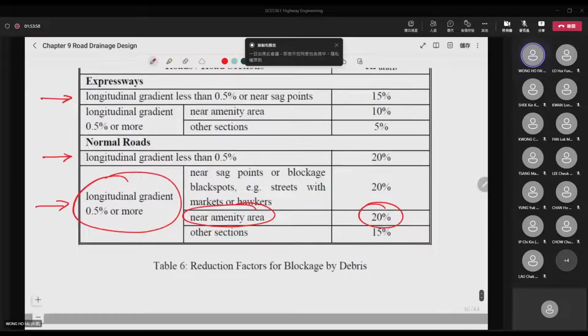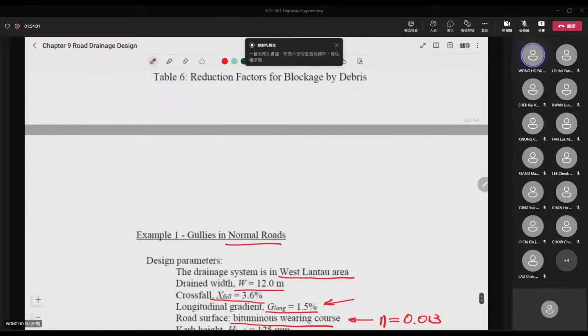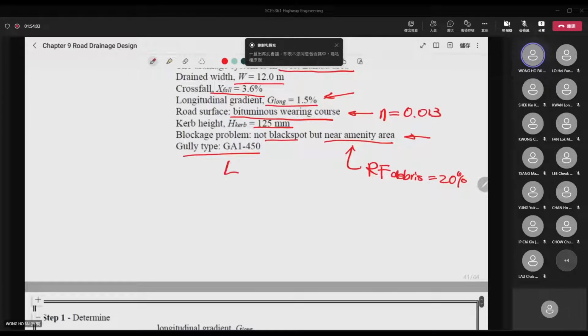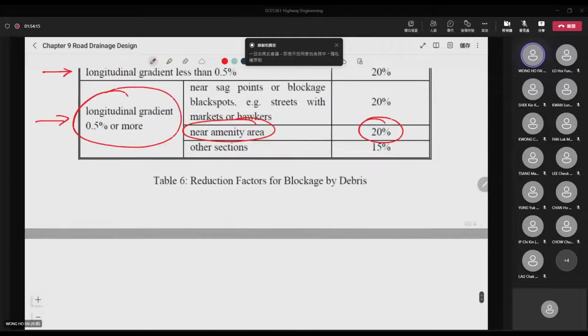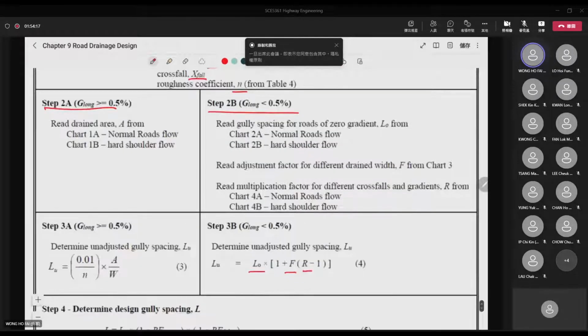So the RF rating should be equal to 0%. Do you agree?